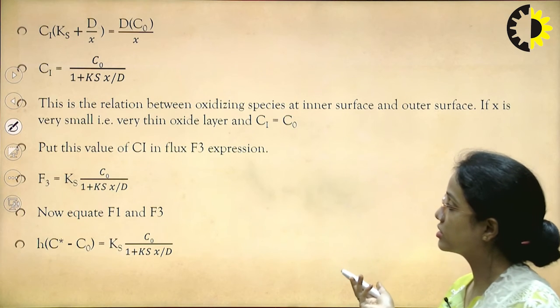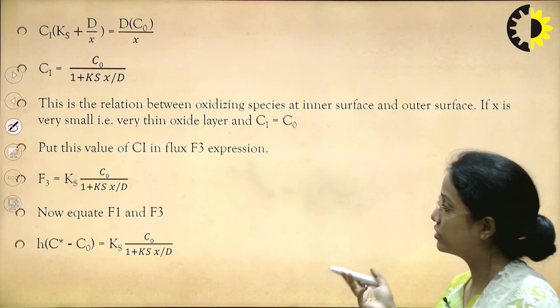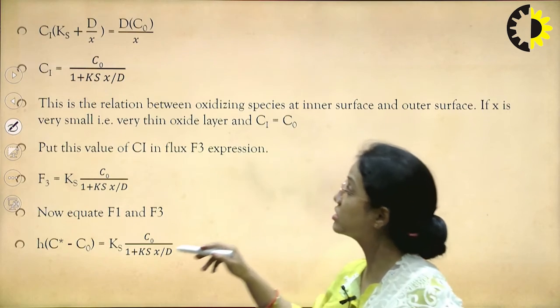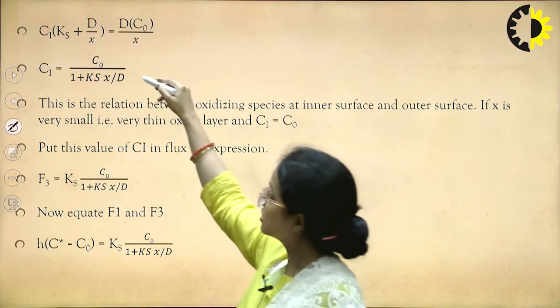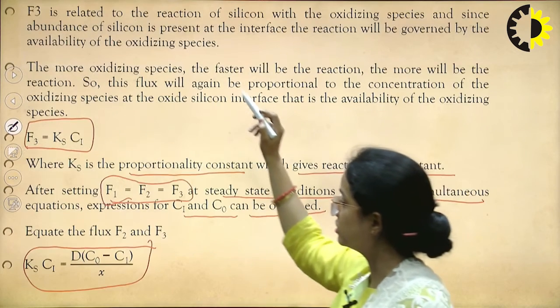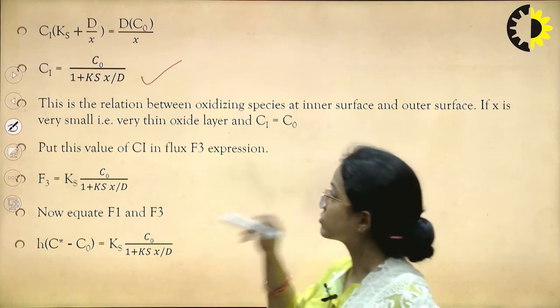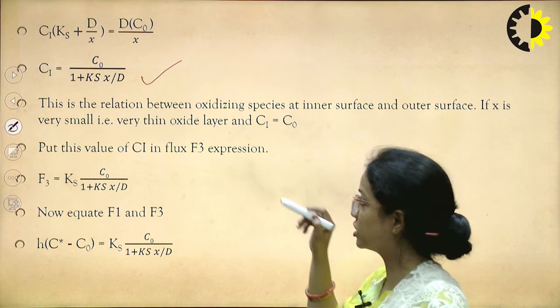So this is the required equation. We see this is the relation obtained previously, and moving this Ks here, Ci has been obtained.